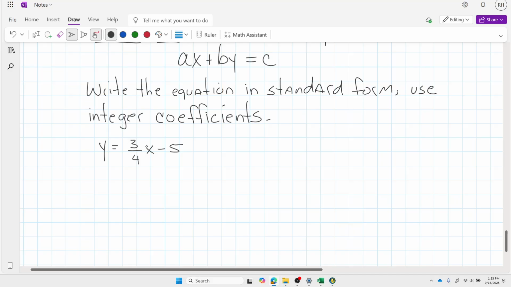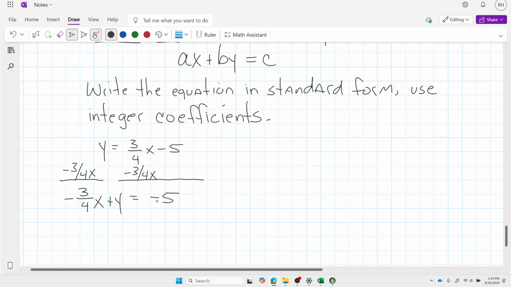So we got to get this 3/4 x on the left side of the equation. So we subtract 3/4 x from each side. And we get something like negative 3/4 x plus y is equal to negative 5.